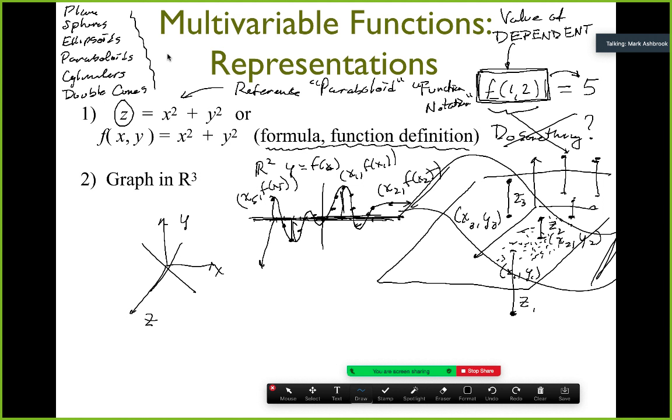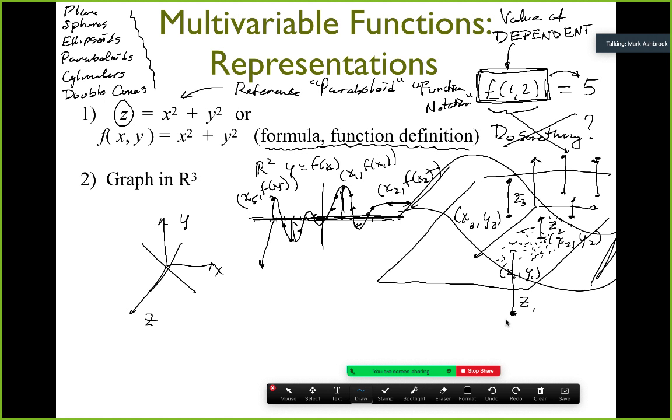We can make x the dependent variable. We could have a single cone that opens in the y direction, and then y is a function of x and z, and that would be fine too. But conventionally, z is our height, and that's our dependent variable as we graph those surfaces in R3. Okay, is this making sense so far?